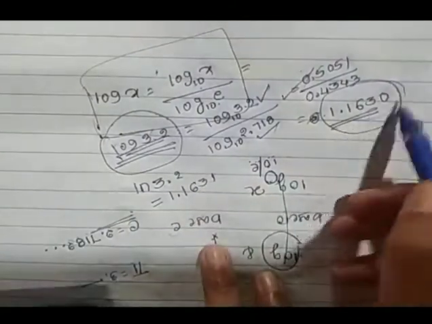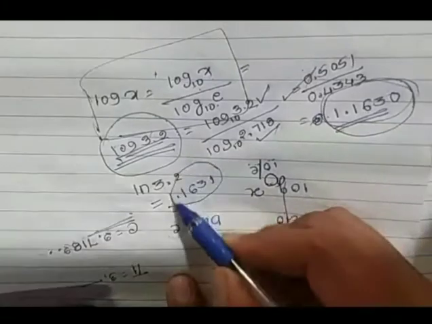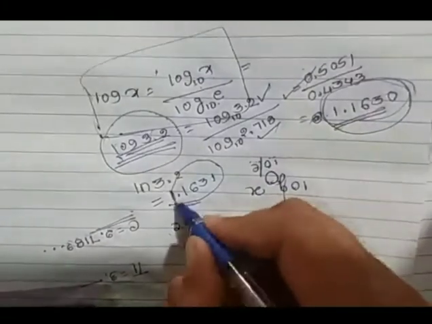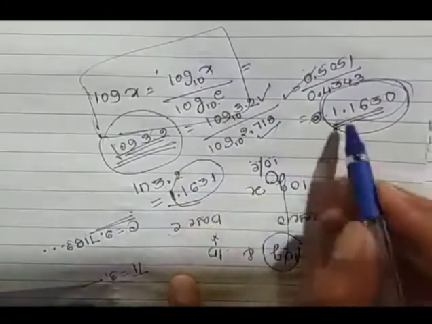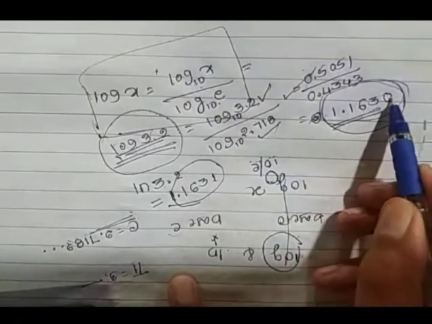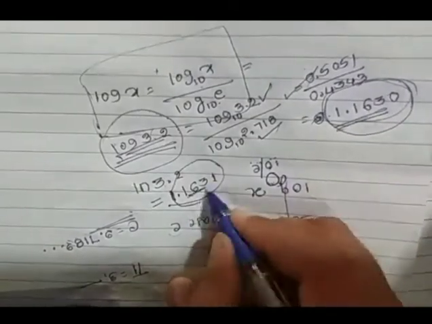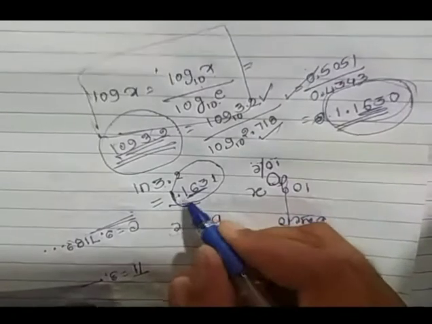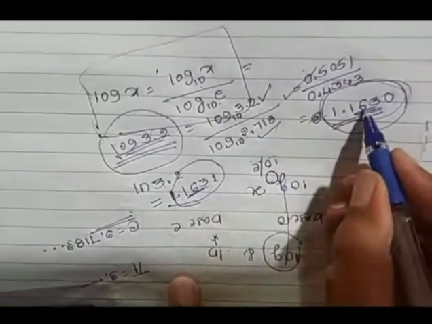You can observe for this answer and this answer, how much is the difference? Here we have 1.1631, here it is 1.1630. So at least 3 decimals are similar here, that is 1.163, 1.163.